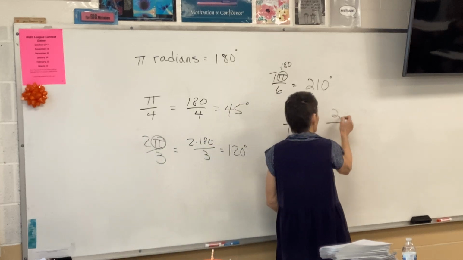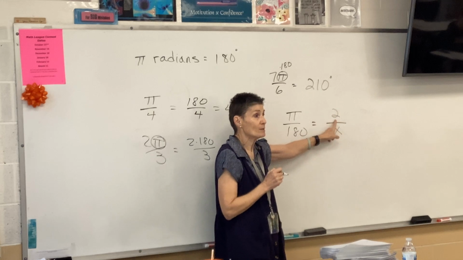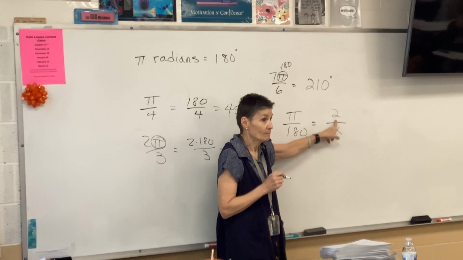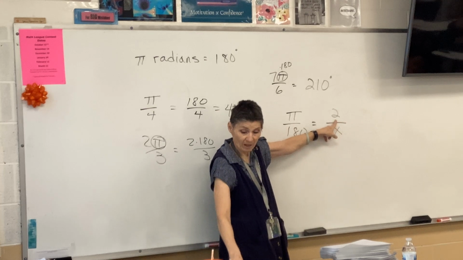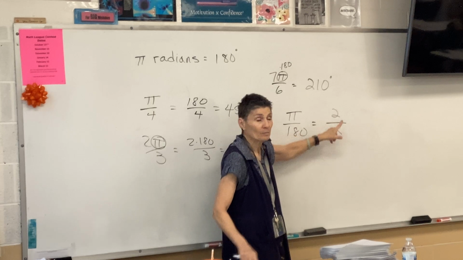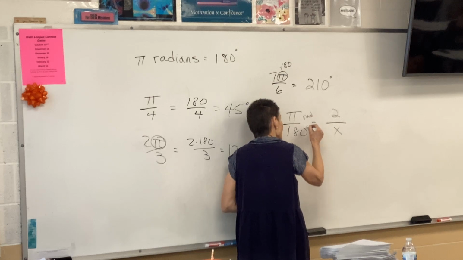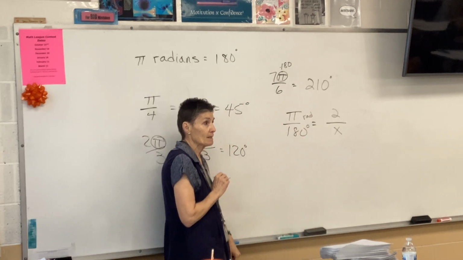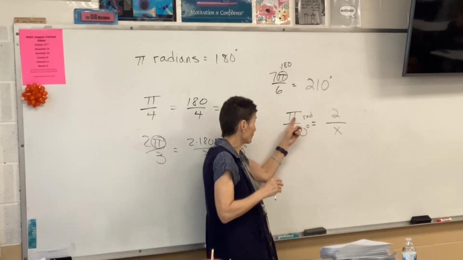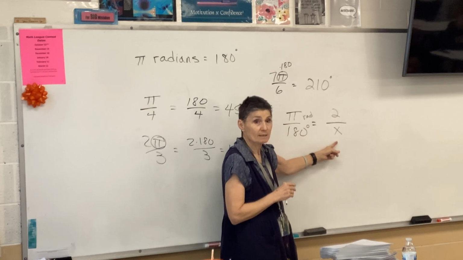Why do you think it's 2 over x? Because what is the unit on that 2? That is a radian. Look, change the following radians. So that's 2 radians. When I put pi over 180, isn't this radians and this degrees? And when you set that fraction up, if you have radians over degrees, then you have to have radians over degrees.